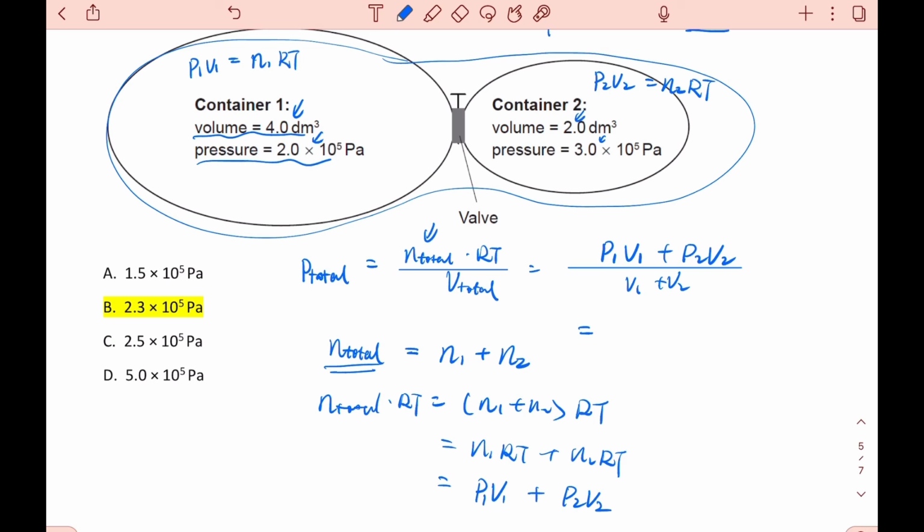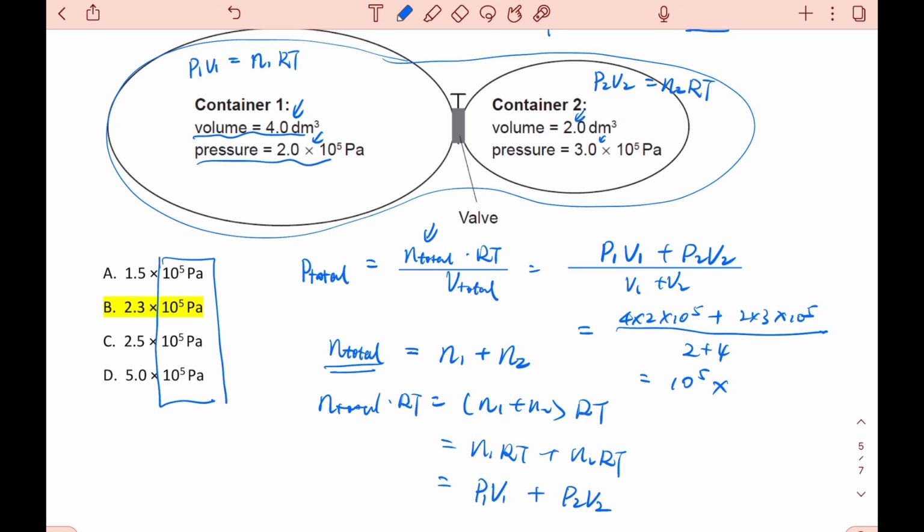Okay, so we have 4 times 2 times 10 to the power 5 plus 2 times 3 times 10 to the power 5, divided by V1 plus V2, which is 2 plus 4. Essentially our pressure should be 10 to the power 5, and all our options have 10 to the power 5, so we're on the right track.